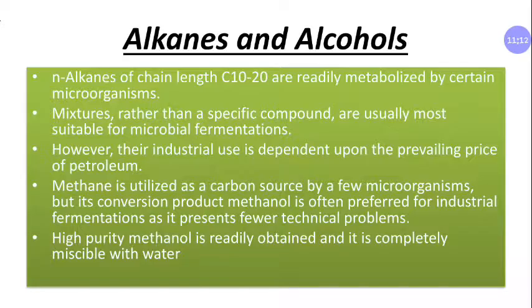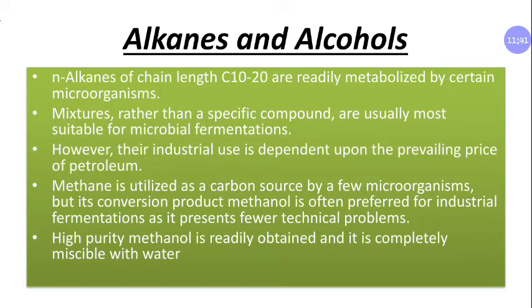Alkanes and alcohols: n-alkanes of chain length C10 to C20 are readily metabolized by certain microbes. Mixtures rather than a specific compound are usually most suitable. So instead of a specific single compound, we can use mixtures. So this is suitable for microbial fermentation.